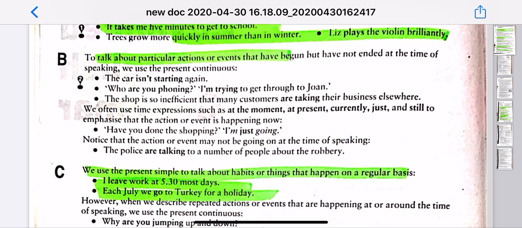So, here are few questions which we can frame with different situations. So, here I am trying to get through Joanna. So, the speaker is replying that he or she is trying to reach Joanna or call Joanna.